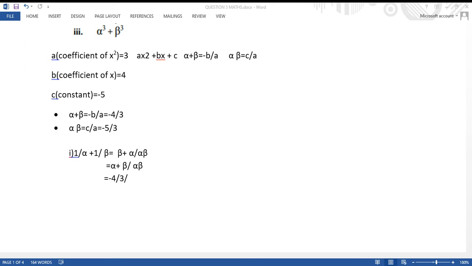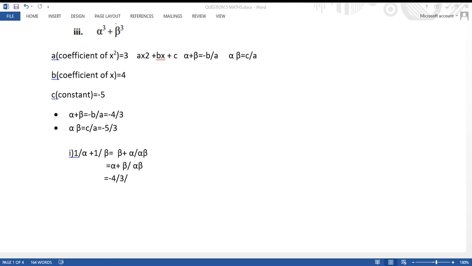Once we're done with the equation, we'll see how we derive these identities, because it's not always good to memorize. You might forget one. But this is the identity for alpha squared plus beta squared. So here we're just going to substitute.